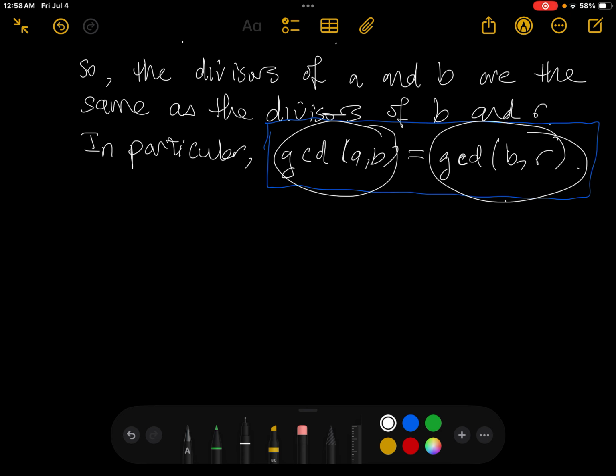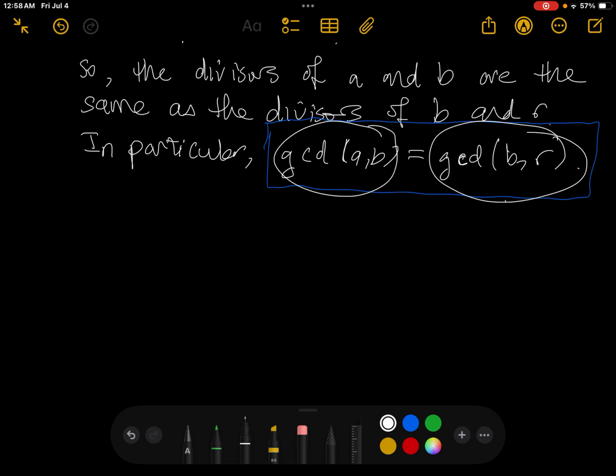And you can repeat the process, and the numbers get smaller and smaller until one of them is equal to 0, meaning that eventually you get a remainder of 0, where one is a multiple of the other.